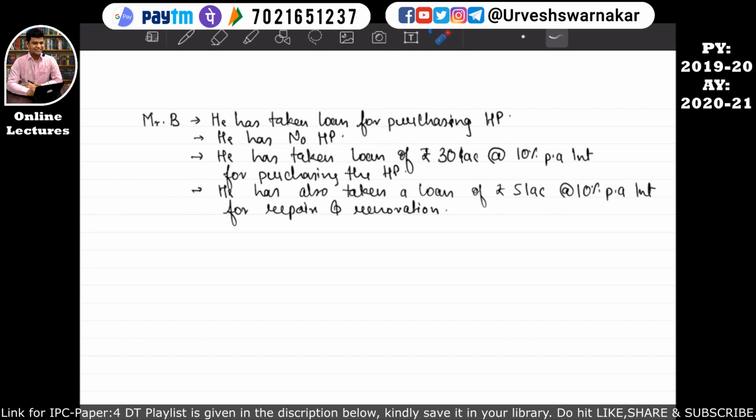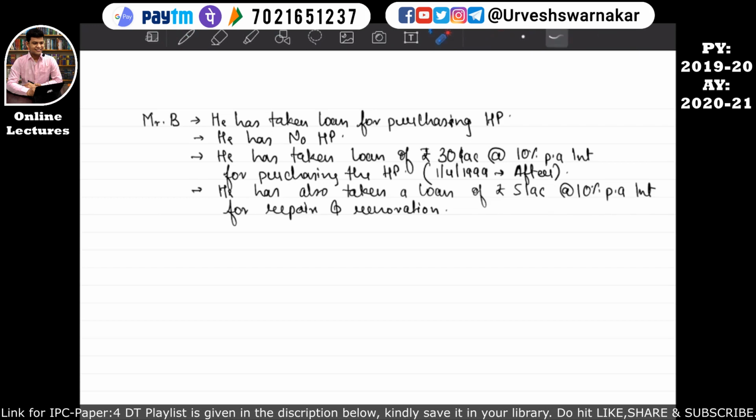That means basically he has purchased this house property in order to stay in it. That means this house property will become SOP, that is self-occupied house property. He has taken a loan of rupees 30 lakhs at the rate of 10% per annum interest for purchasing the house property. So basically the purpose of the loan was for purchasing the house property, and the loan has been taken after 1st April 1999. I'll write here "after" so that there will be no confusion.